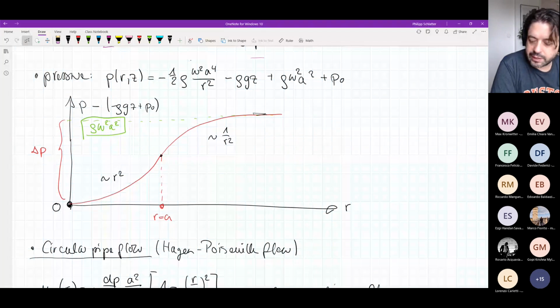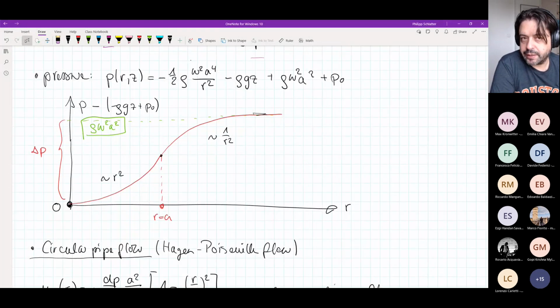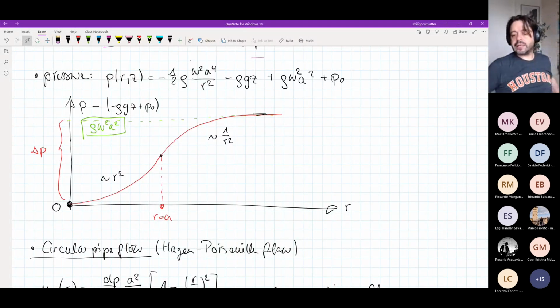Another thing that we discussed last time quite extensively was the pressure, how the pressure should be inside a vortex. And we realized that the pressure in a vortex center is actually lowest, and then it increases the further out you go. And we realized that the reason for this behavior of the pressure is related to the centrifugal or centripetal forces that you get in a vortex.